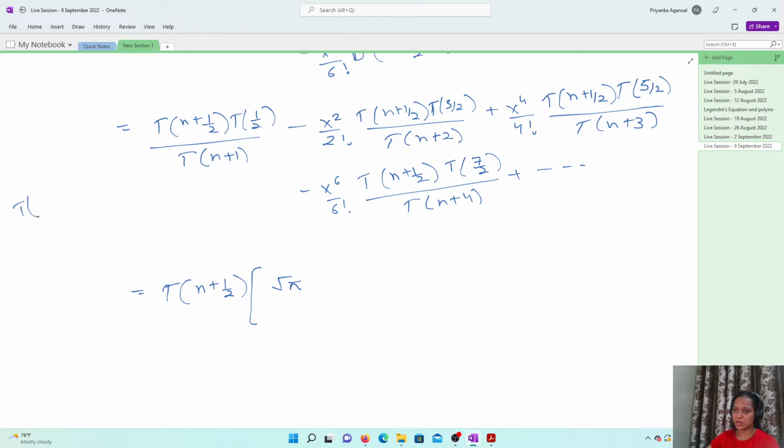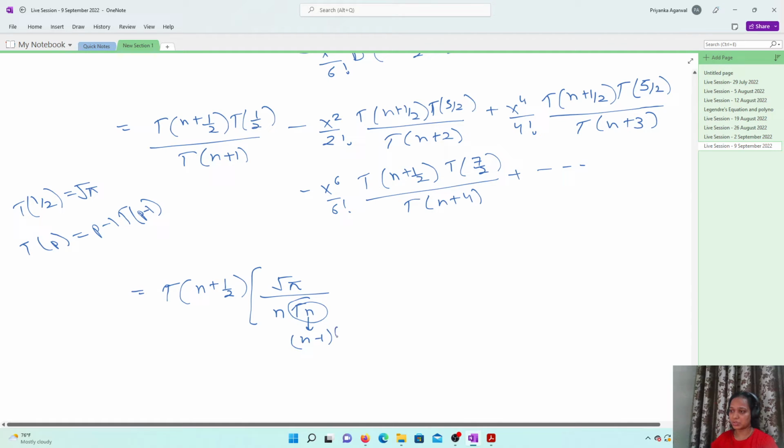And gamma of n plus 1, because we know that gamma of p can be written as p minus 1 into gamma of p minus 1, can be written as n into gamma of n. Again, gamma of n can be written as n minus 1 factorial.